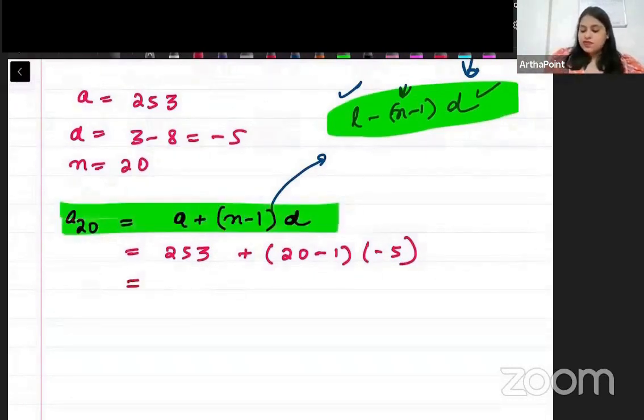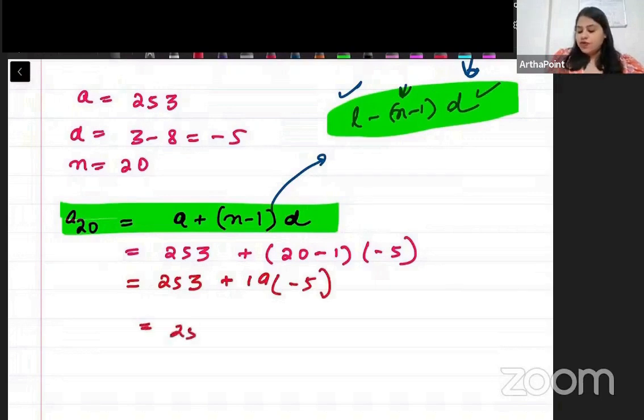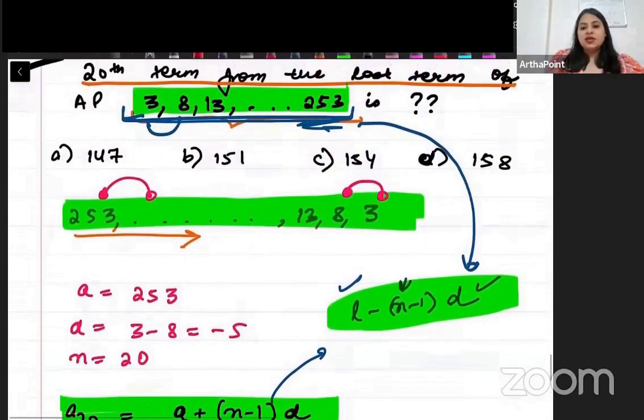So beta, solve this. 253 plus 19 into minus 5. So 253 minus 95. This will be 158. So the 20th term from the last will be 158. That's the answer to this question, right?